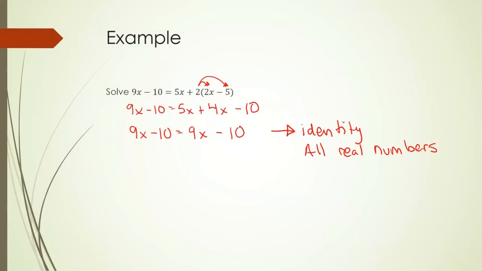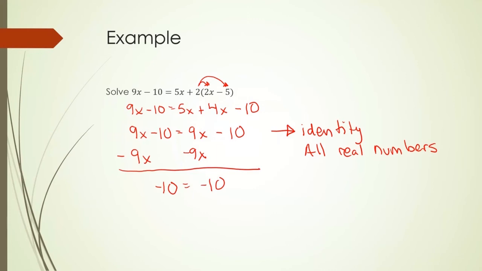Now, what if you didn't notice that? What if you're just going through the solving steps and you didn't notice that the left side and the right side were equal? Well, if I go through the solving steps, I want to move the 9x on the right, so I'm going to subtract 9x. 9 minus 9 is 0, so my x disappears, and I'm just left with negative 10 equals negative 10.